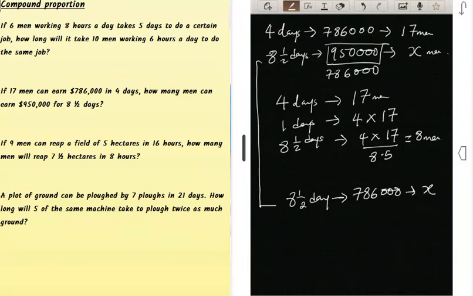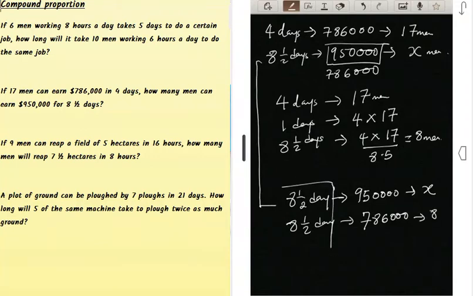And in the same 8.5 days, under the first condition, the proper statement, we have a number of men earning this amount. And from what we did where we created a similar condition, in 8.5 days we have 8 men earning the same amount.